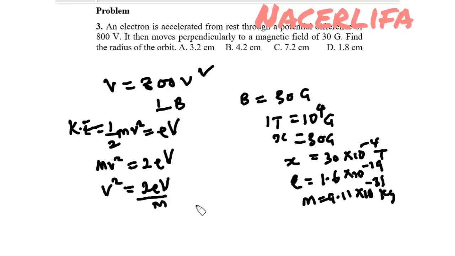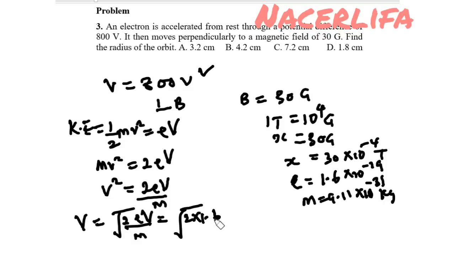So if we now find V here, V will be the square root of 2eV upon m. And this will be the square root of 2 times 1.6 times 10 raised to the power minus 19, the potential is 800, upon the mass of the electron, 9.11 times 10 raised to the power minus 31.